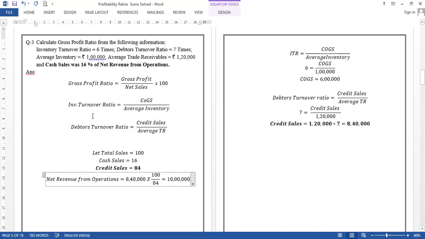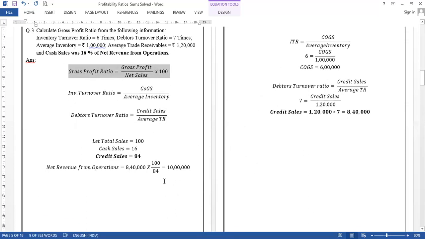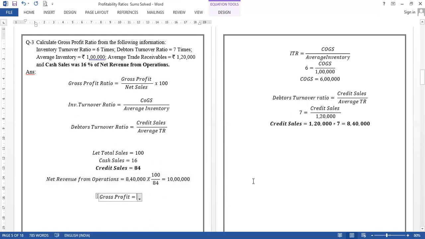Now the point is, we have been asked to calculate the gross profit ratio, and the gross profit ratio is gross profit upon net sales into 100. We don't have gross profit with us, we need to calculate that. So let us apply the formula of gross profit. Gross profit is equal to net revenue from operations or net sales minus COGS.